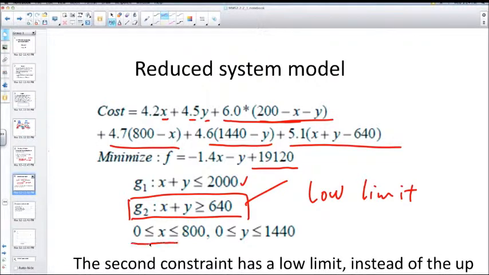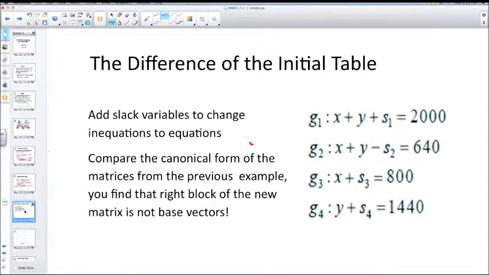And then we have two more constraints. That's x and y cannot exceed what the Buffalo and Rochester need. So in total I have 4 constraints.